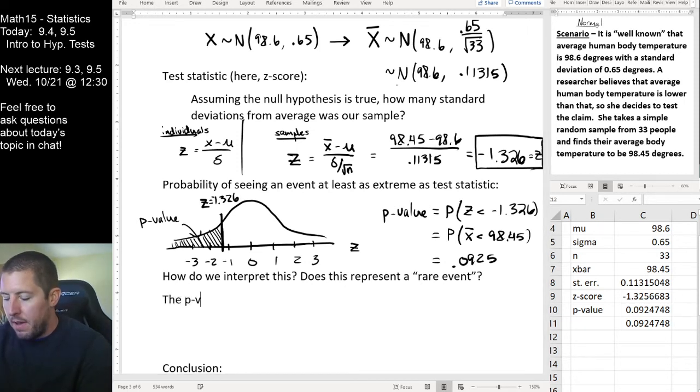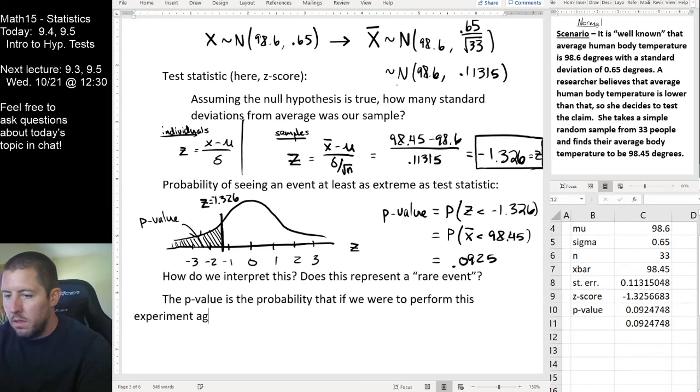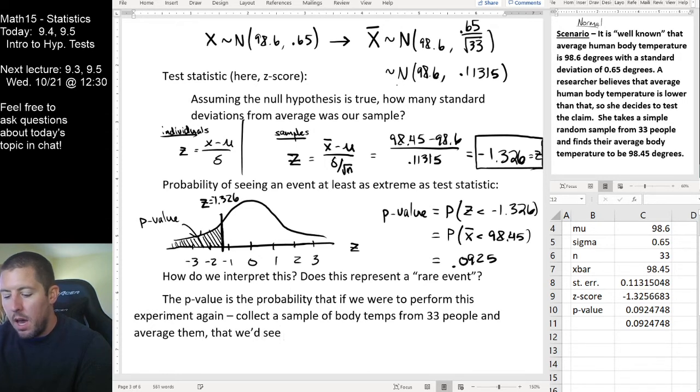The p-value is the probability that if we were to perform this experiment again, collect a sample, collect body temps from 33 people and average them, that we'd see an average at least as extreme as the one we just saw.